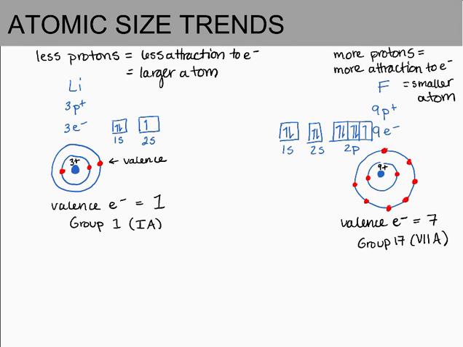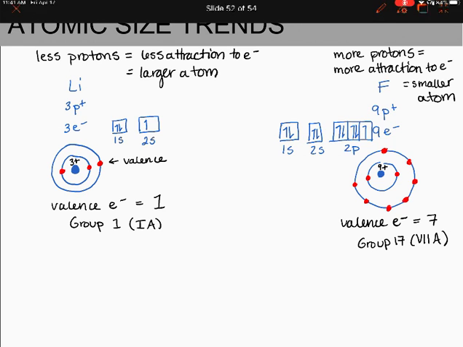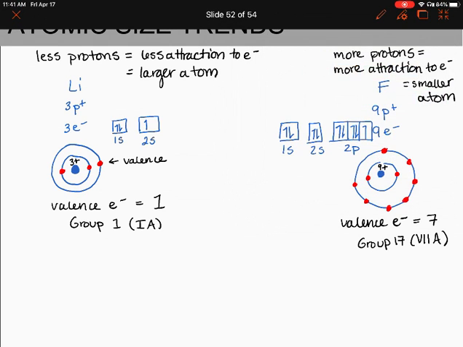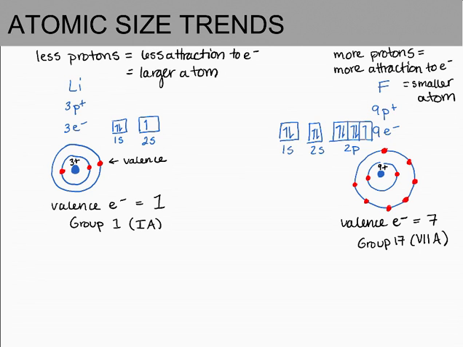So you could also just memorize the trend, but sometimes it's nice to see why a trend exists. Now let's compare lithium to sodium, which is right below it on the periodic table. So we'll look at the trend going down a column.